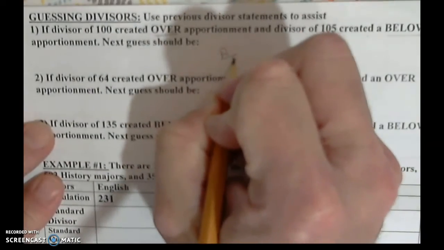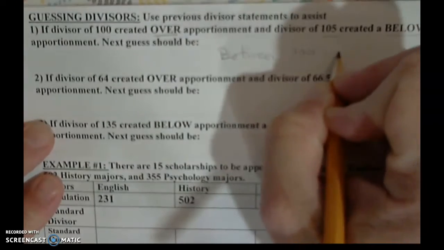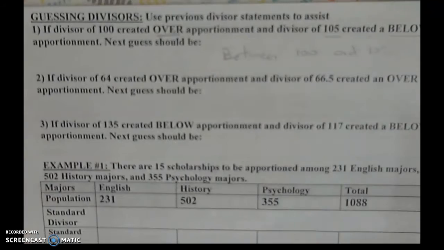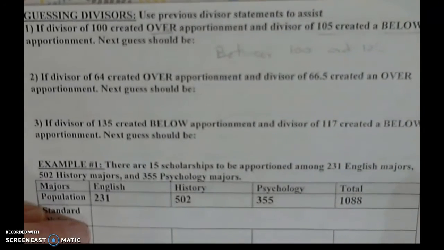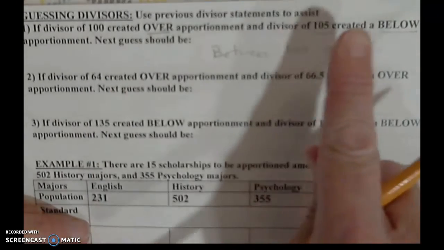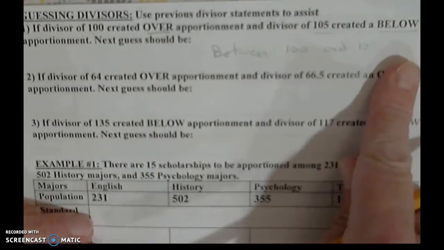Well, it should be a number between 100 and 105. So we could maybe do 102 or 103. But we're literally just guessing. In this case, 100 was over and 105 was below, so we needed to pick a number in between.